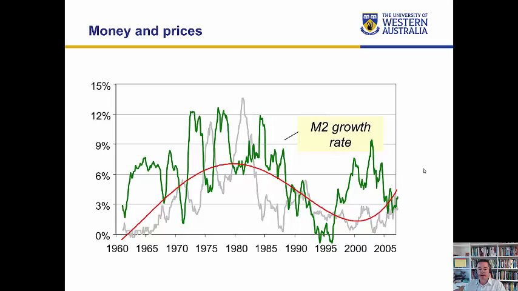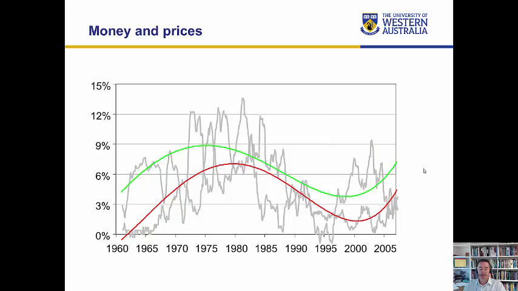But if you take a moving average of the money supply series, the correlation is incredible. So what that is showing is that inflation really is a monetary phenomenon, and the easiest way to have an outbreak of inflation is to allow the money supply to grow too quickly.